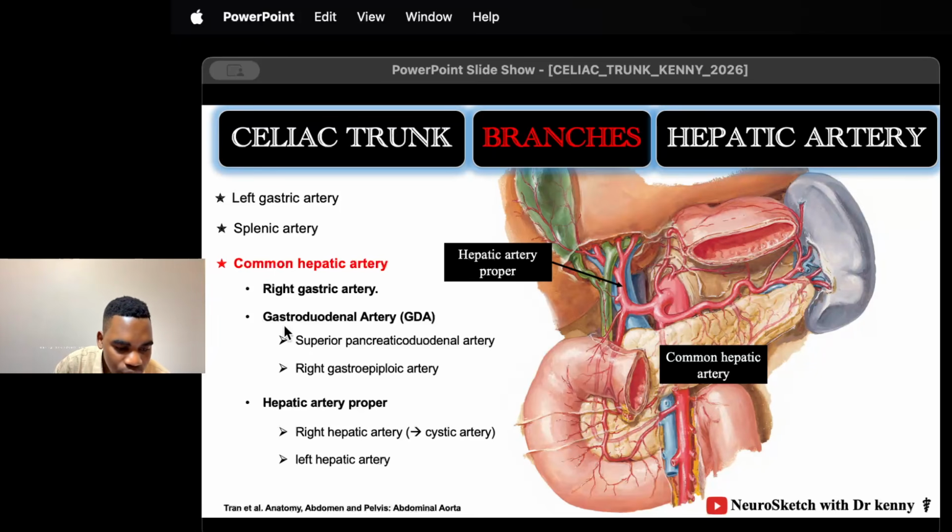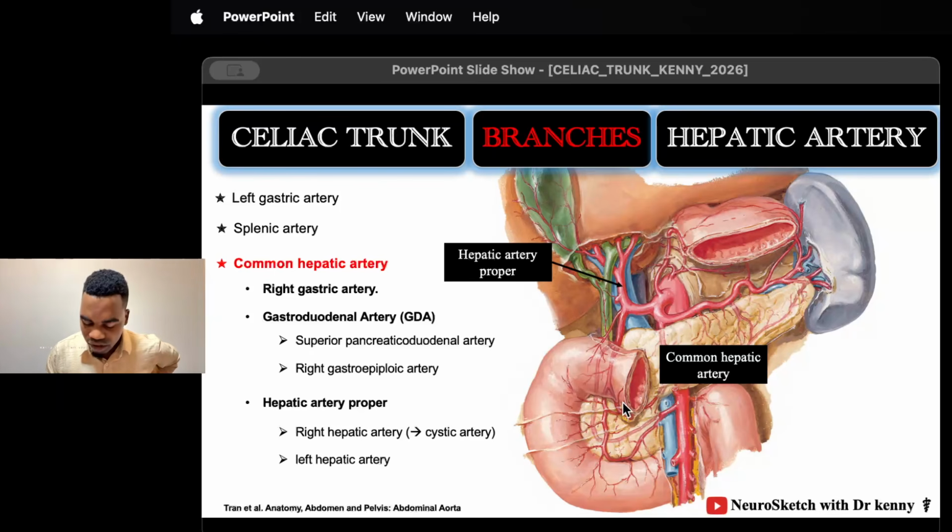But because this is the GDA, after giving this pancreaticoduodenal artery, it's going to supply the gastrium. GDA, gastro, is going to the gastrium. So this is the last part, the gastric part of the gastroduodenal artery.